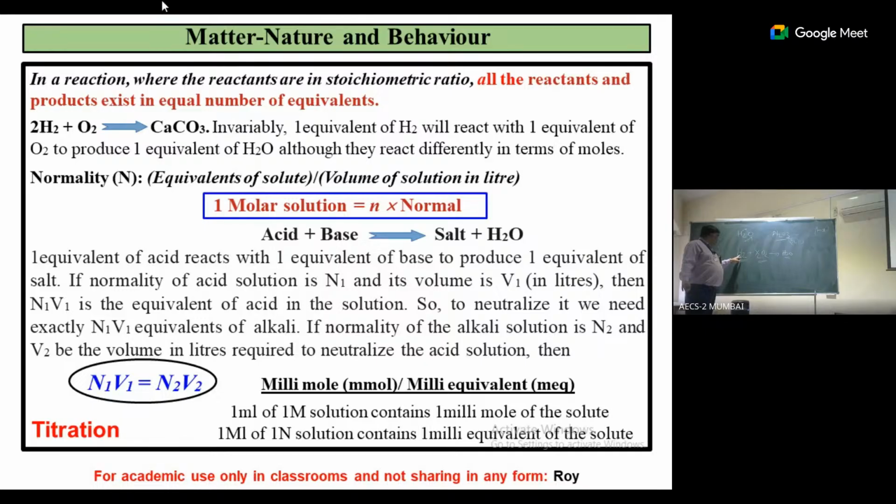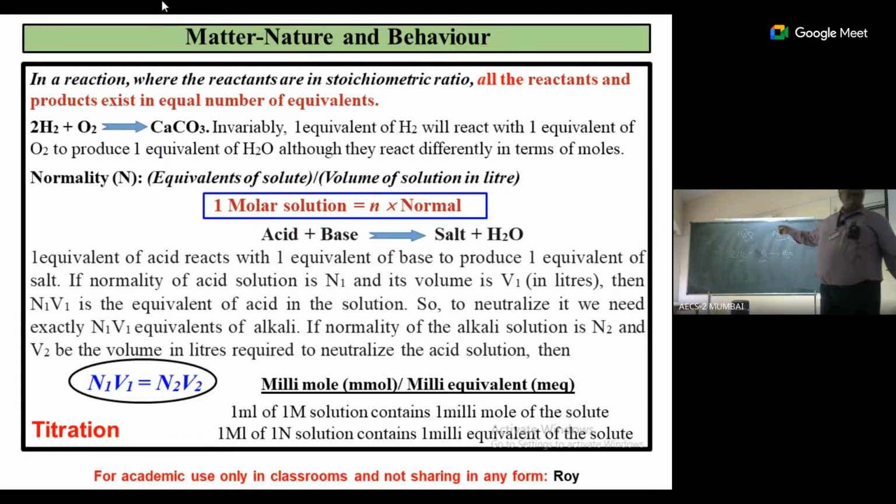Here 1 mole of hydrogen is reacting with, just multiply with 2. So it gives you 2 moles of hydrogen and 1 mole of oxygen. That gives you 1 mole of water. So if you are doing it in terms of moles, okay, then you have to know the balanced equation.